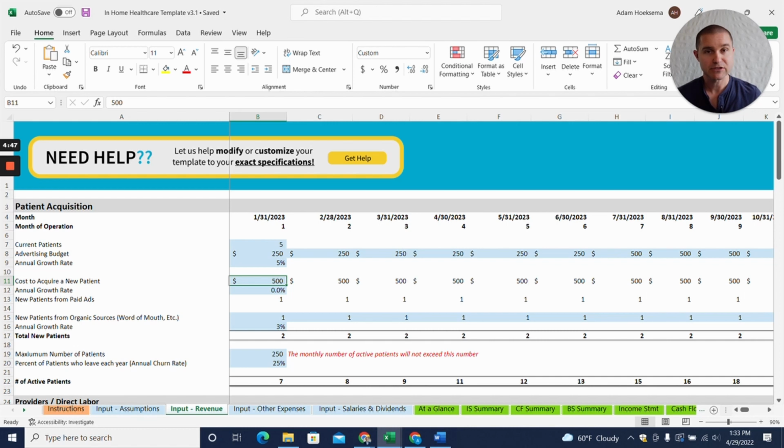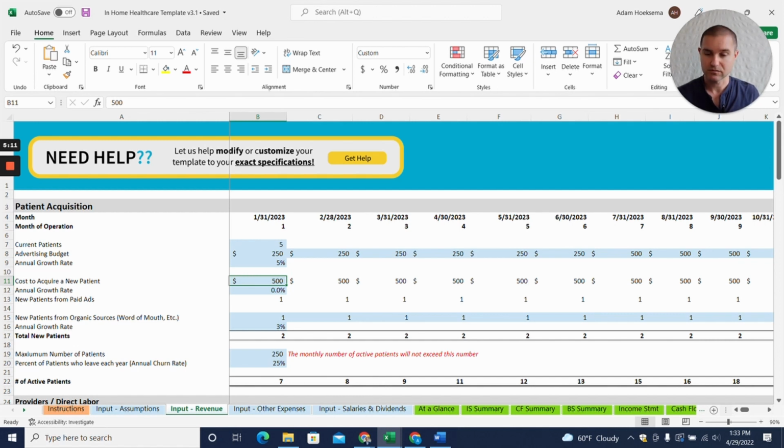Now, these patients tend to be very high value in the sense that you could be working with them for a long period of time, and depending on the services that they need, it could generate a lot of revenue over the lifetime of the customer, and so that cost to acquire a patient ends up being pretty high.